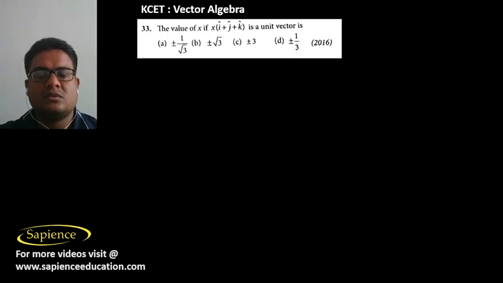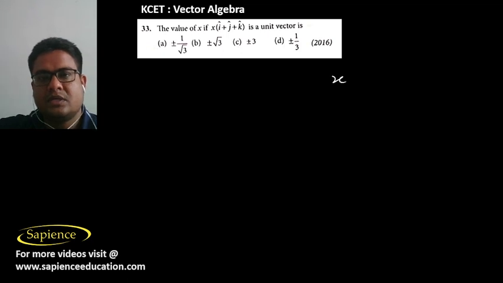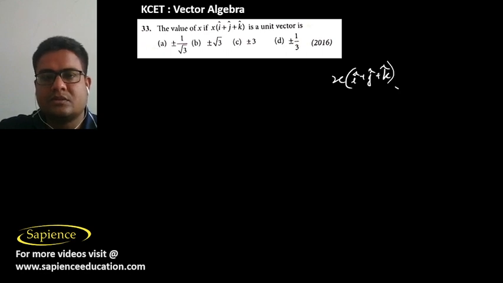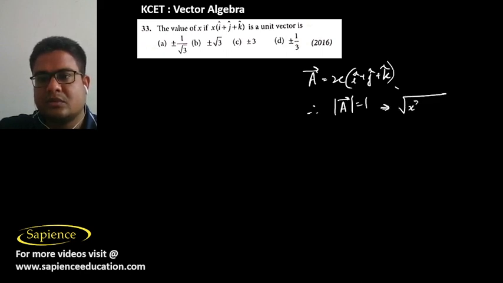You have to find the value of x if x into i plus j plus k is a unit vector. This is a unit vector, so if this is vector a, then the magnitude of a should be equal to 1. It means root over x square plus x square plus x square is equal to 1.